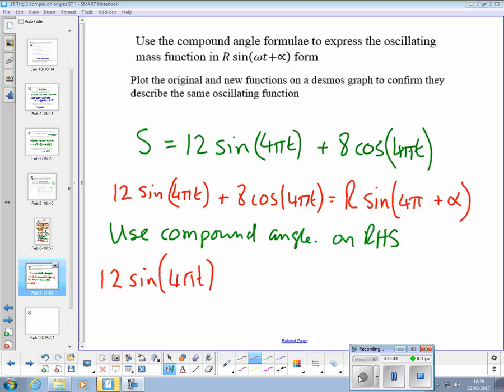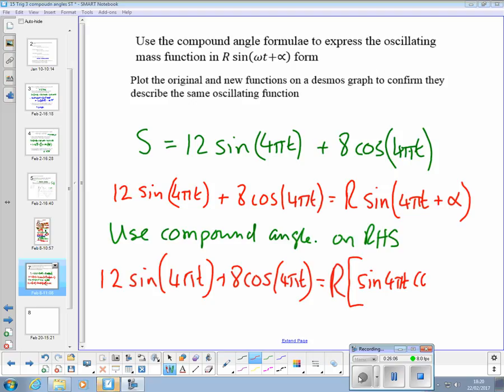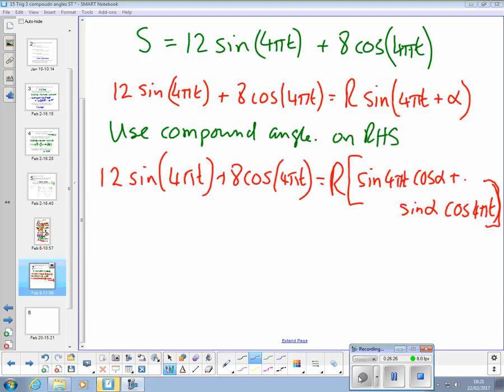It is the same. Is equal to R sine, that's it.